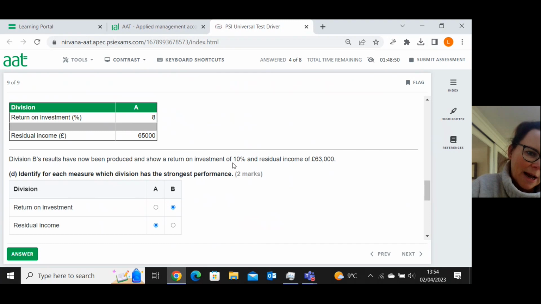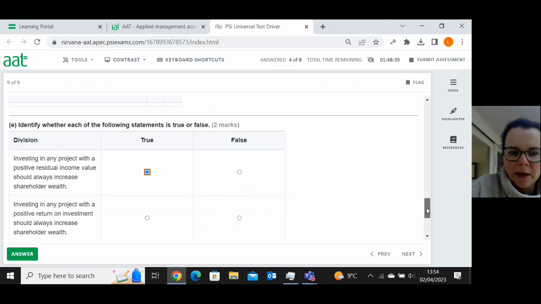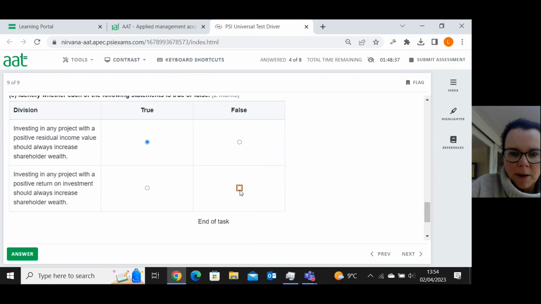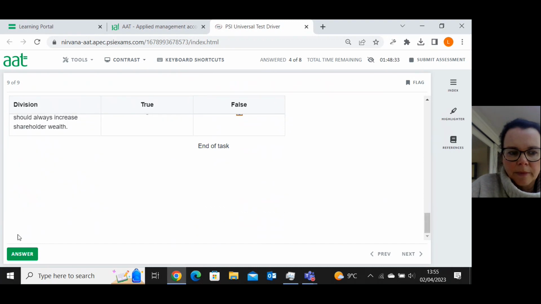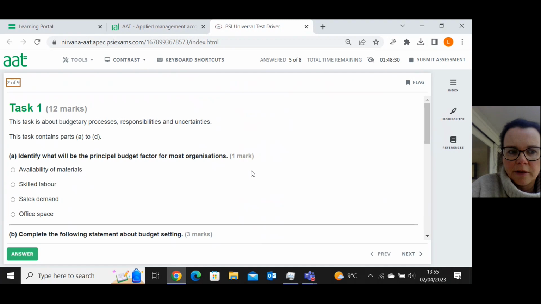But if the company's cost of capital is, as here, 7%, then it's not good enough. It's got to be higher than the cost of capital to be a good idea. So that one will be false, which concludes the paper.